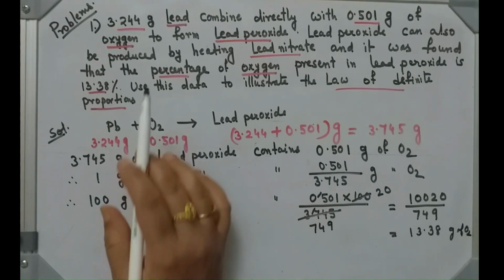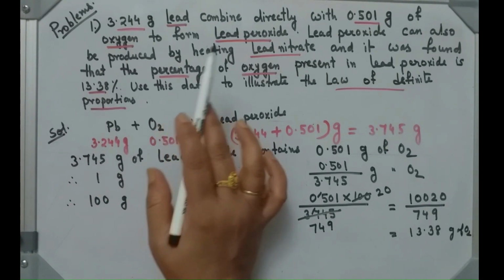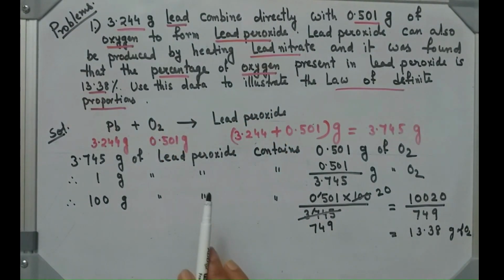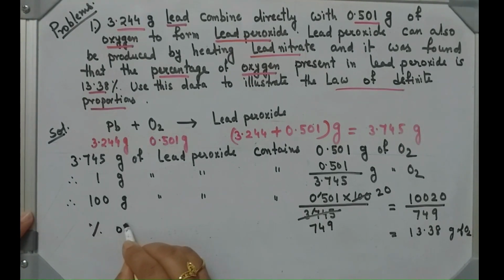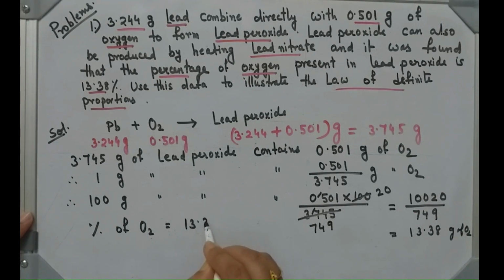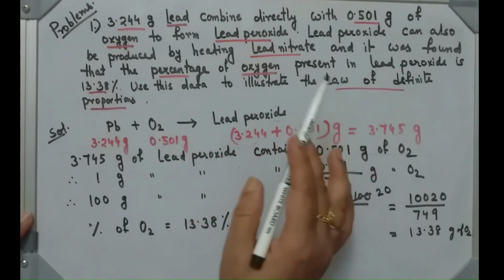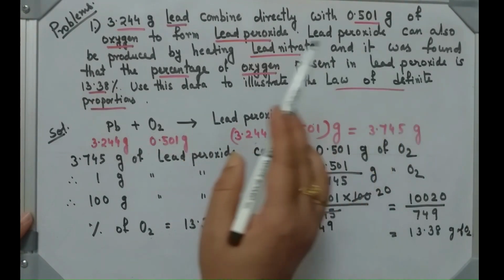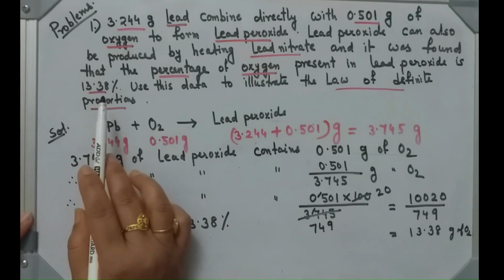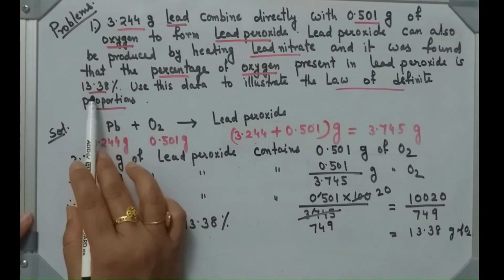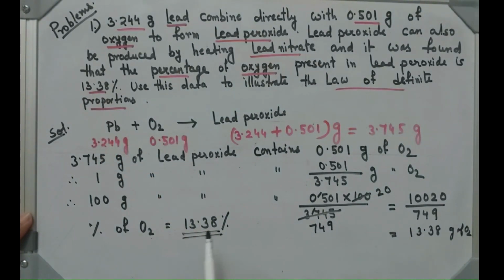So therefore, in method number 1, in the lead peroxide we are getting, the percentage of oxygen is what? 13.38%. And by method number 2, in the lead peroxide we are getting, there also the percentage of oxygen is this. You see, both are same.